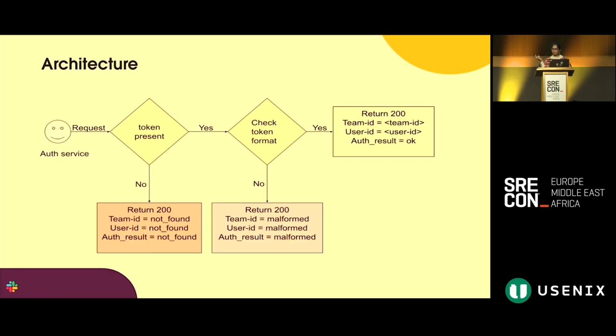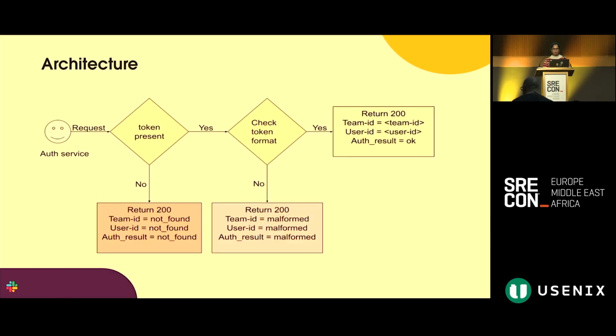If the shape of the token or format is OK, then the auth service will return a bunch of headers, as you can see, team ID, user ID, and auth result, OK in this case, and return 200. All these are sent as response headers.